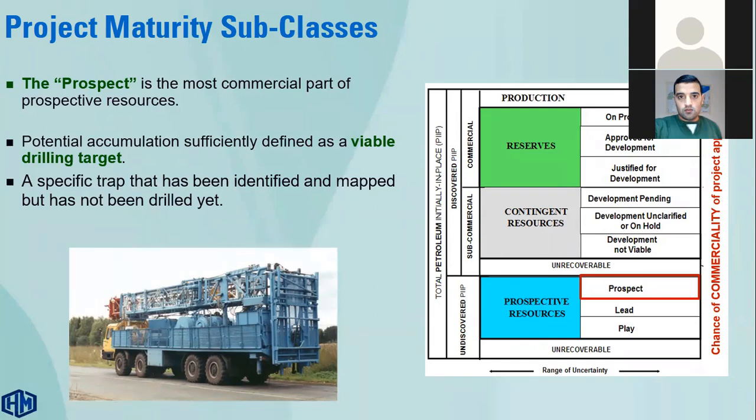Simply, it's the potential accumulation that can be a reliable drilling target, which can be seen on the seismic processing. So the prospect is the top commercial part of the prospective resources and is a good drilling target to start exploration and drilling operations.